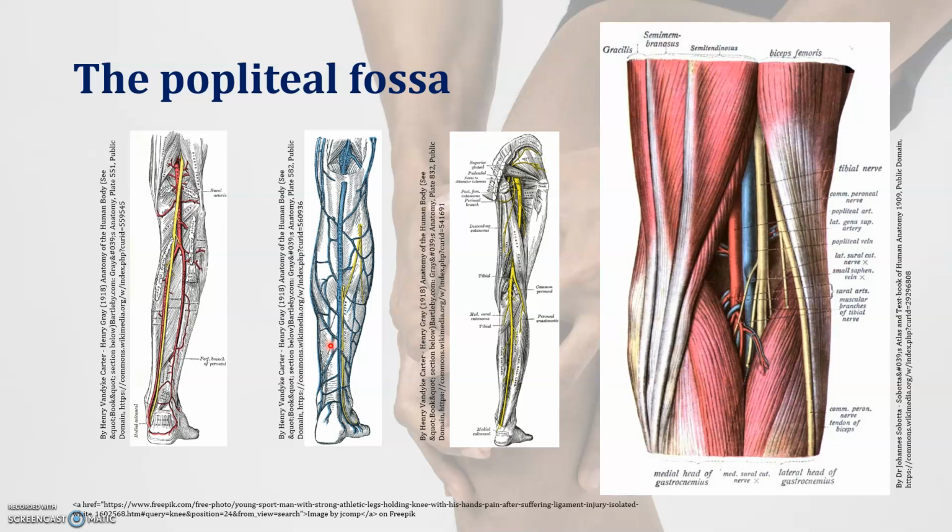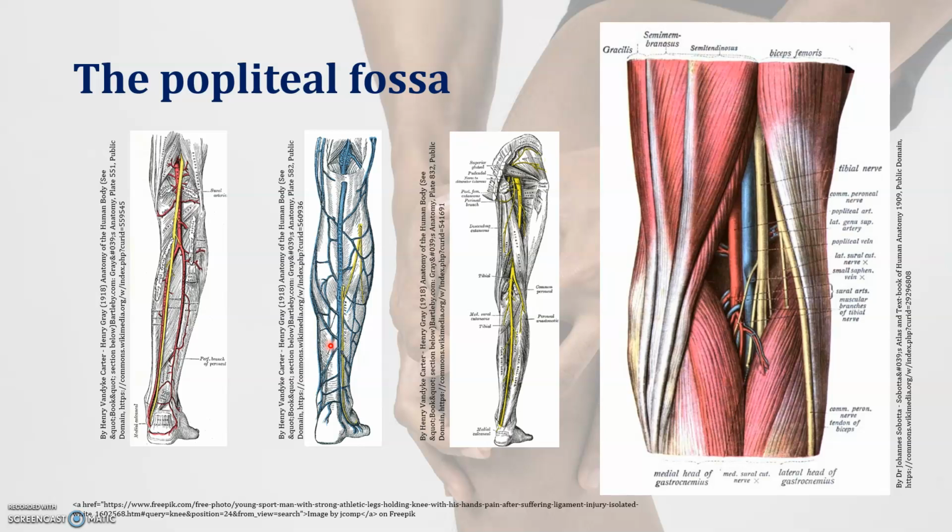It runs medial to the vein and the nerve, and it emerges from below the semimembranosus and semitendinosus tendons to run vertically down through the fossa. While in the fossa, it gives off the anterior tibial branch and then bifurcates into the posterior tibial and popliteal branches.